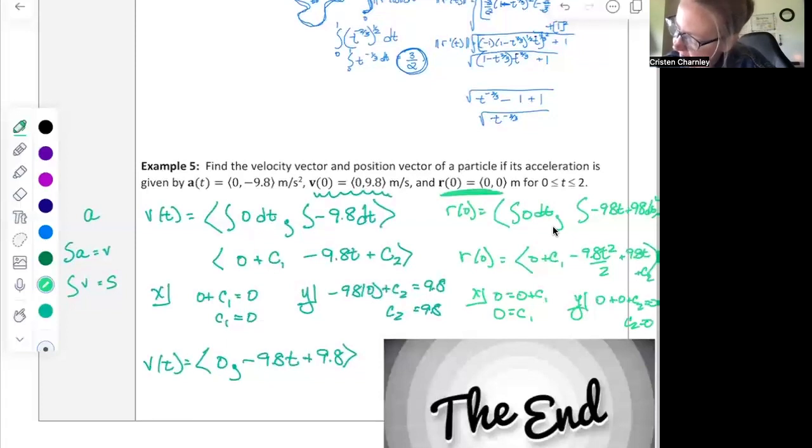So when I put all of this together, r of t is going to be 0, negative 9.8 divided by 2 is negative 4.9 t squared plus 9.8 t, and that c is equal to 0. Let me double check. And we got it. That was it.